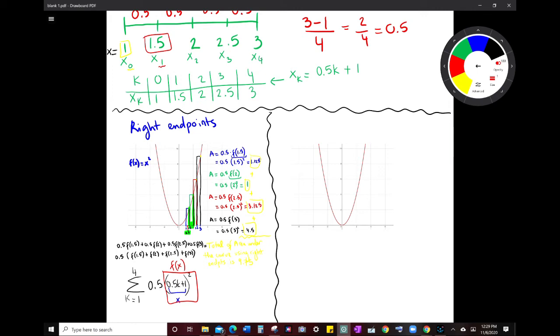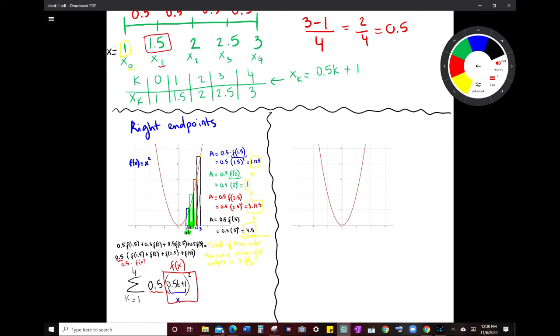So the width of each rectangle will be 0.5. So we have this number right here, matched to this. And then we know 0.5 times whatever the height is, and the height comes from the f of x value. So basically this right here, we have 0.5 times f of x.